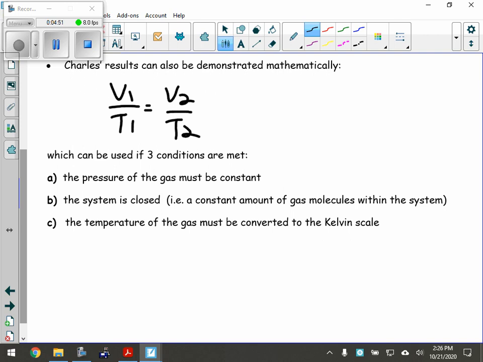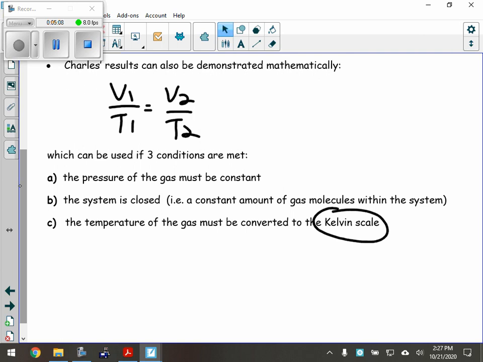It says here that the pressure has to remain constant, the system has to be closed, and in this case, the temperature has to be in Kelvin. Yesterday, we looked at how to convert to Kelvin and back to Celsius. That was a whole last column, yes?